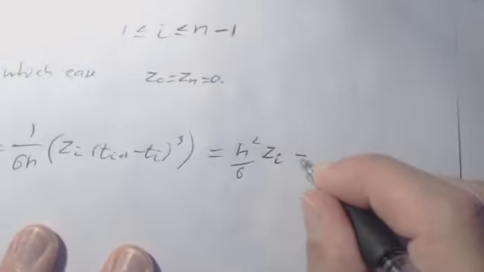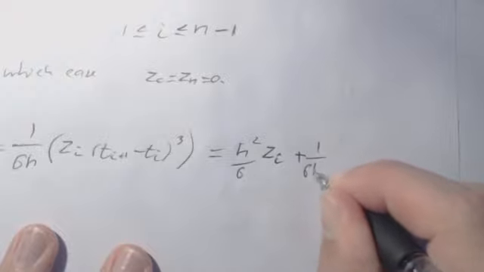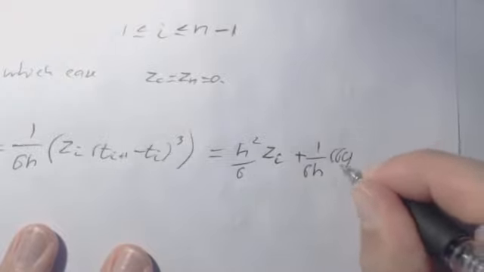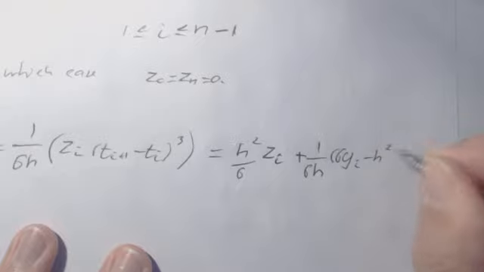So you're also going to have plus 1 over 6h, (6y_i minus h squared z_i) times h.